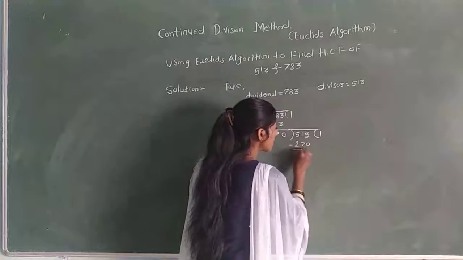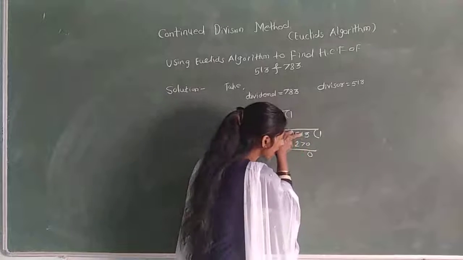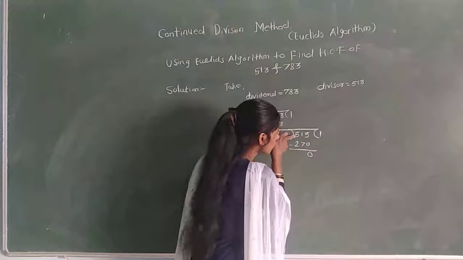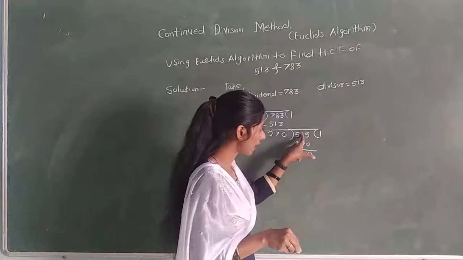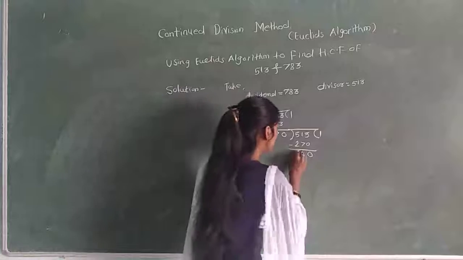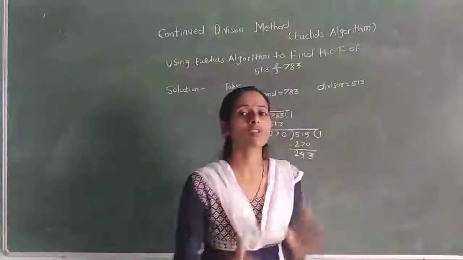Again subtract: 3 minus 0, 0. We cannot subtract 7 from 1, so borrow from the neighboring number 5. Cut 5 to 4, 11 minus 7 is 4, and 4 minus 2. So that is 243.